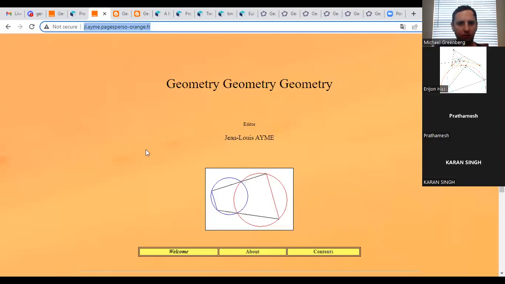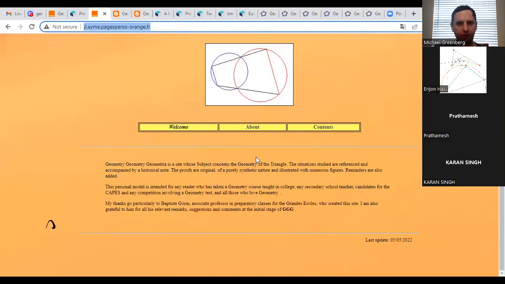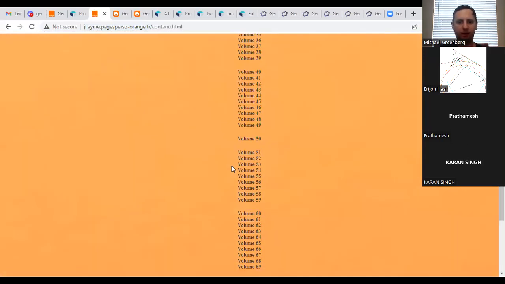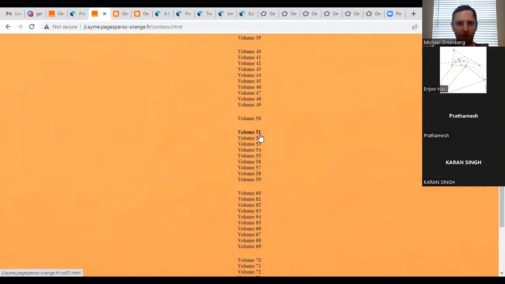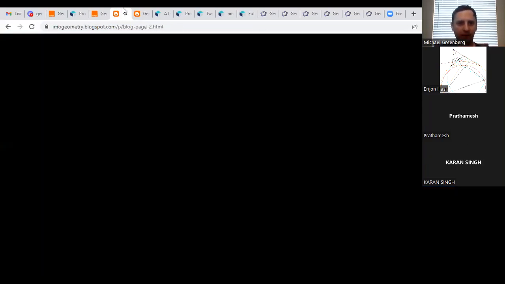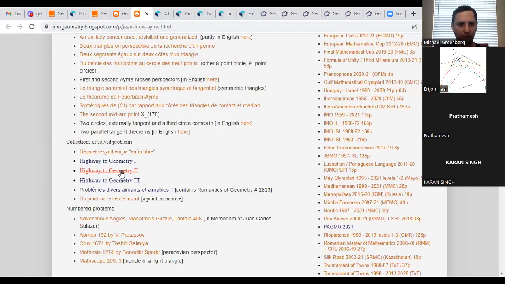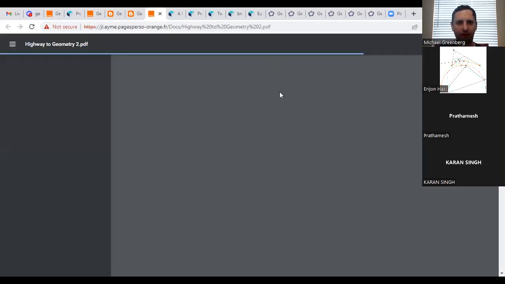So, okay, actually, I think this was Highway to Geometry. Actually, I don't think it's here. I think it is, I think it's this.